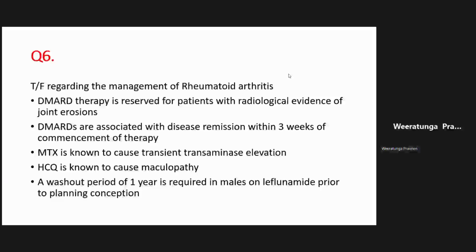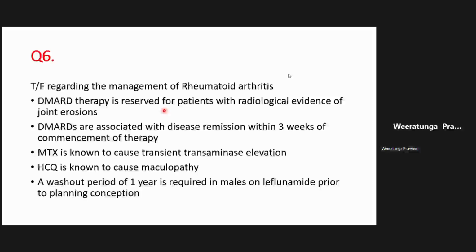So the second statement is false. You never get disease remission within 3 weeks. That is too fast. You will never get such a quick disease remission.